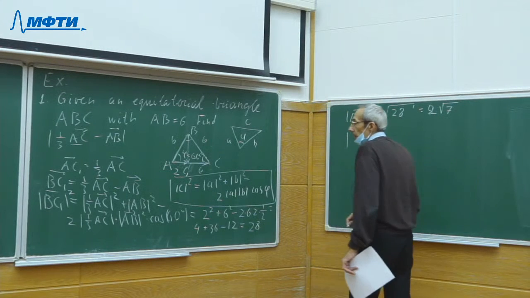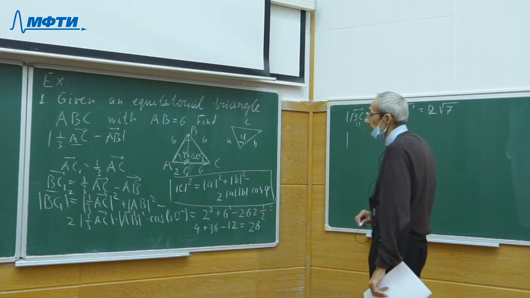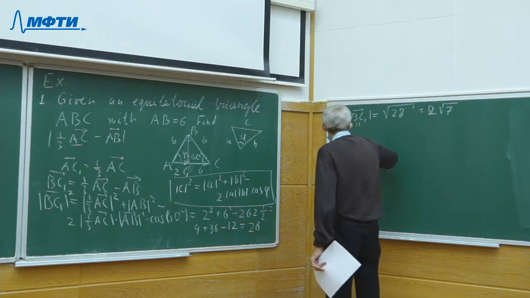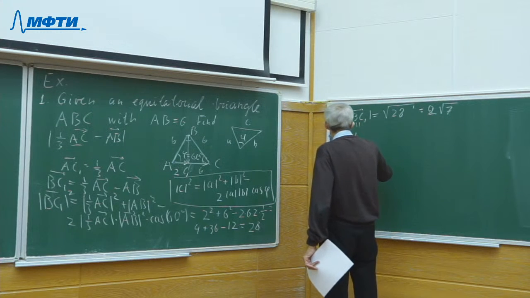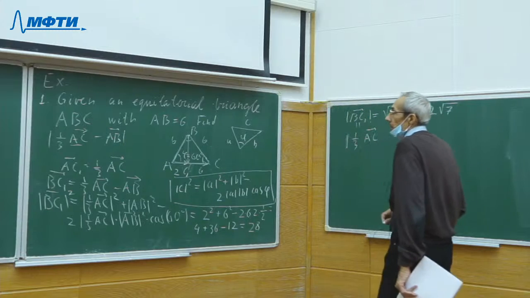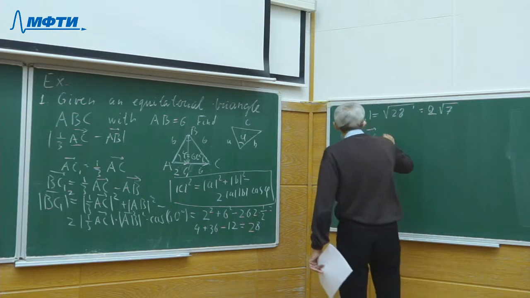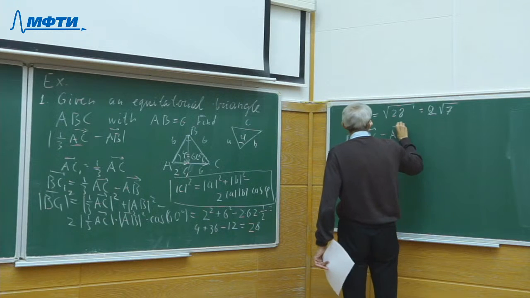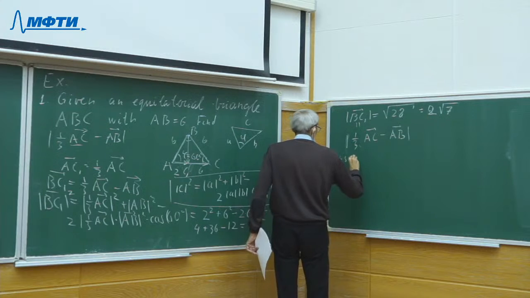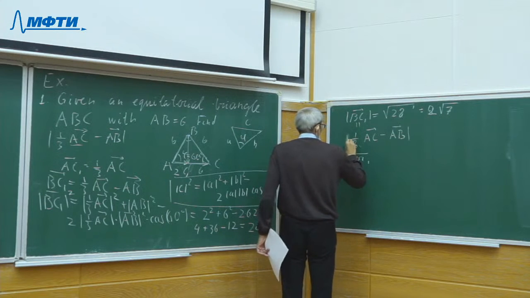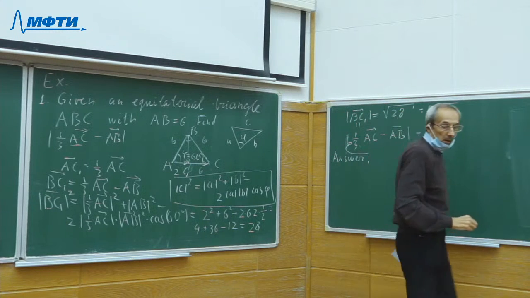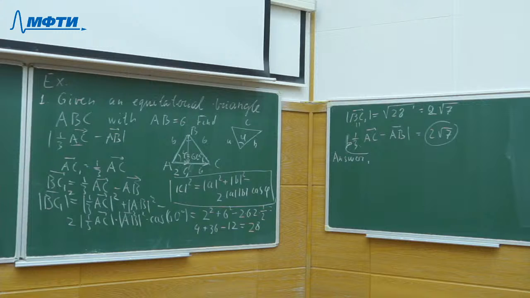And BC1 is equal to the difference of vector AC multiplied by 1/3 and vector AB, and the answer, and this problem is solved.